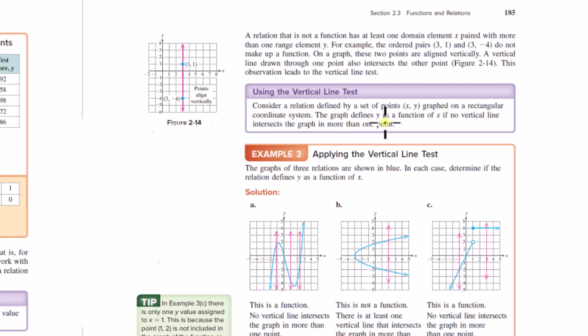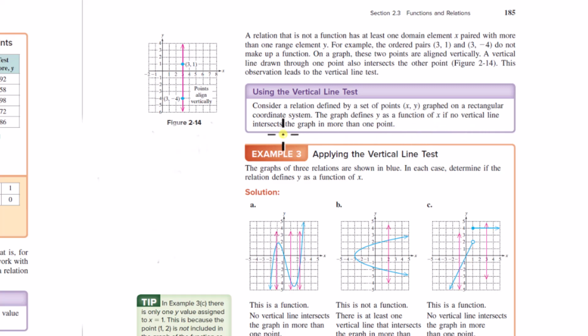The graph defines y as a function of x if no vertical line intersects the graph in more than one point. So we're in a rectangular coordinate system, and the relation is this set of points x, y, where y is a function of x. So the output is y on the vertical and the input is x on the horizontal.